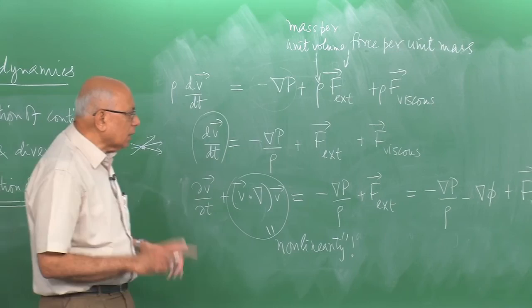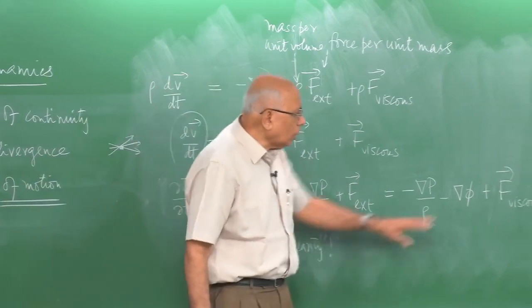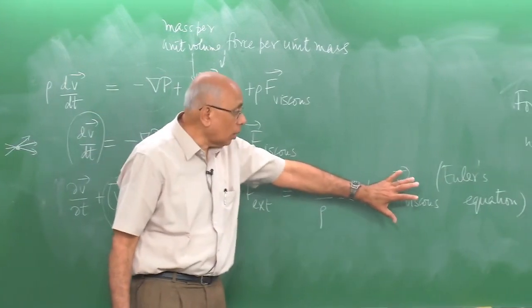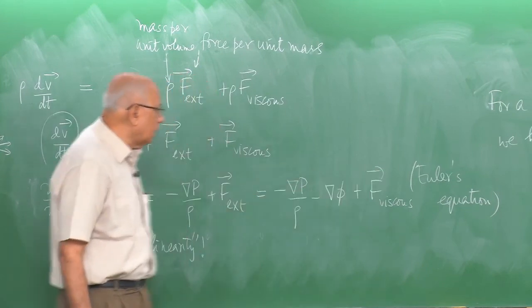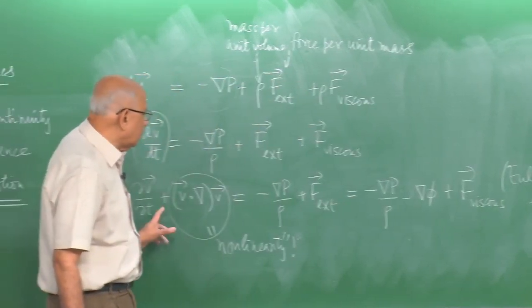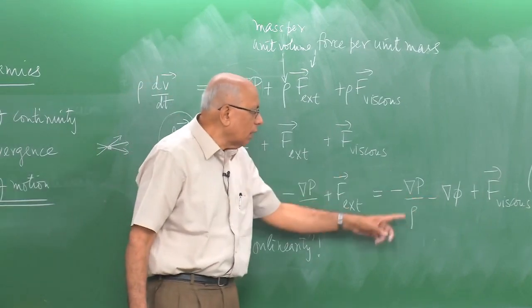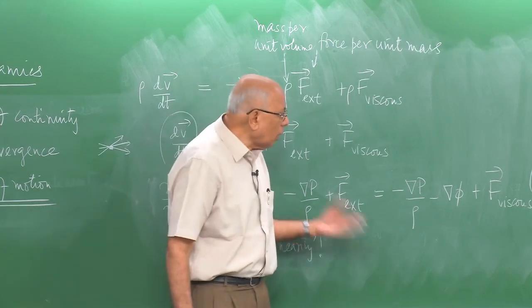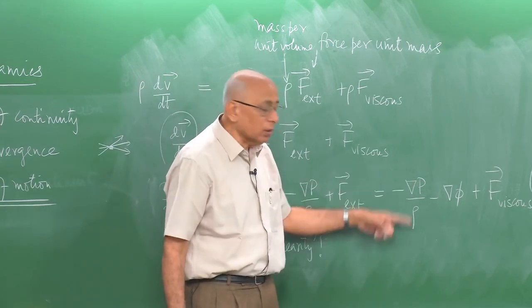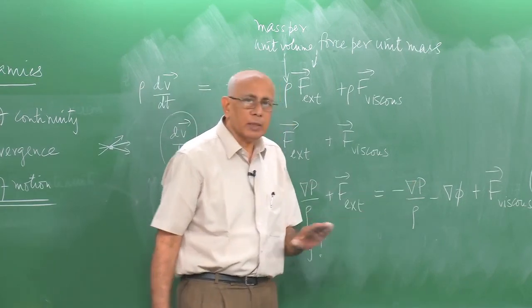Our next task is the following. I am going to drop this F viscous because there are models for it which I might mention at the end, and assume that you have just the conservative force plus this pressure gradient, and then we need some knowledge of how the pressure changes as a function of the density, and we will look at various special cases.